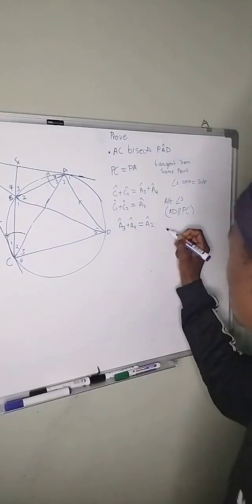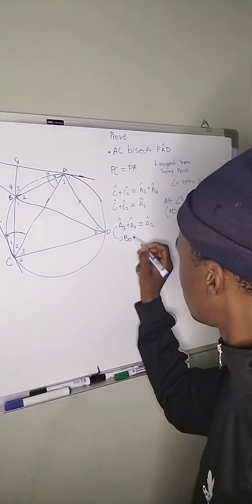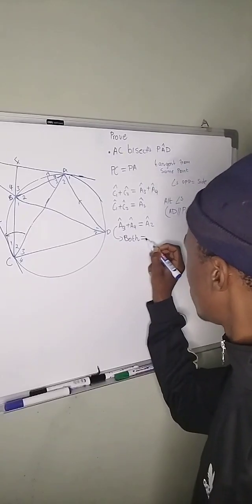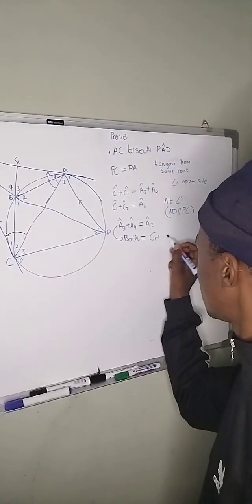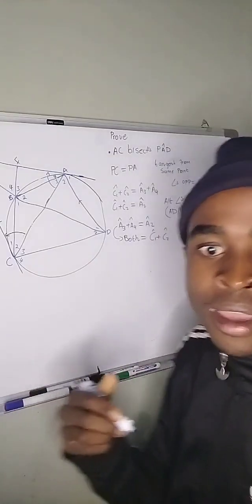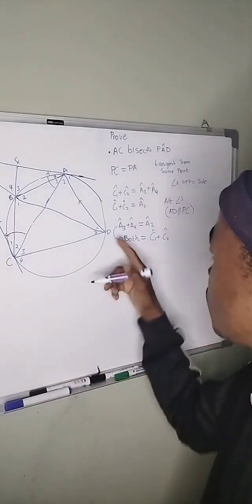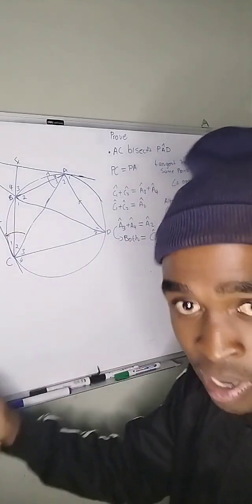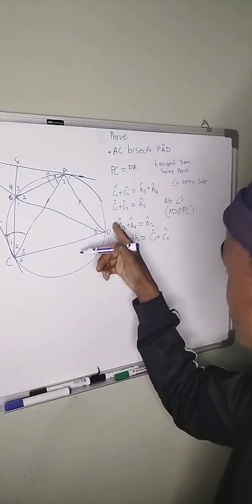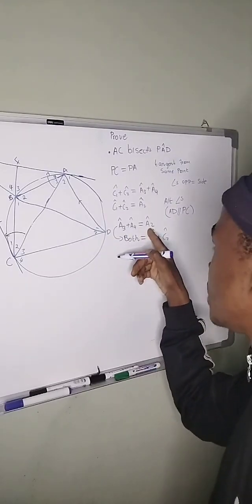The reason is both equal to C1 plus C2. You have to specify why they are equal. A3 plus A4 is equal to A2. Why are they equal?